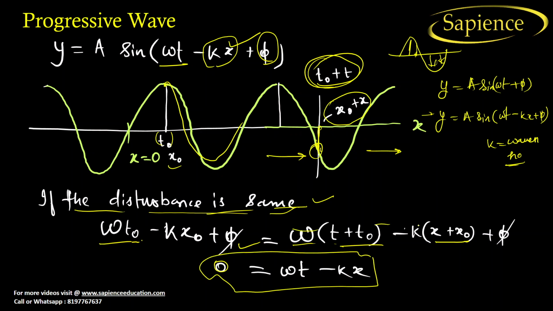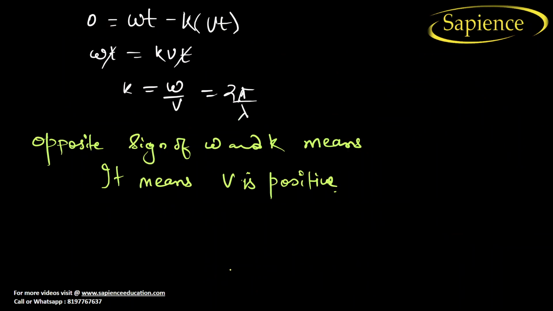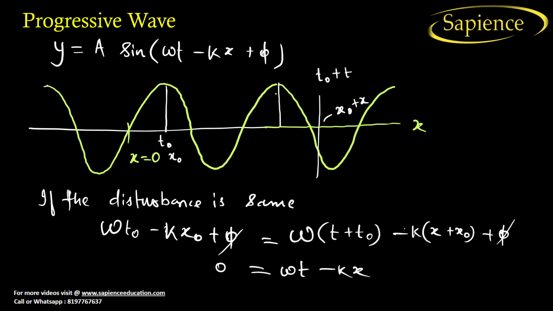If you calculate this, you will get the same thing. So let us move forward. When we got 0 equal to omega t minus k into x, you know that if the wave is moving with velocity v, then velocity v is equal to distance traveled divided by time taken.